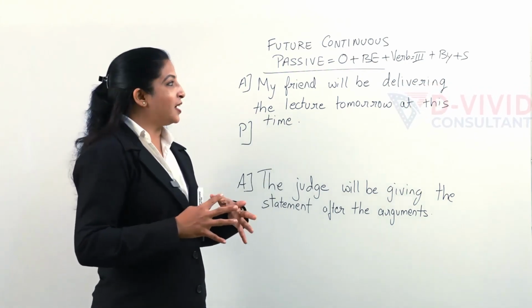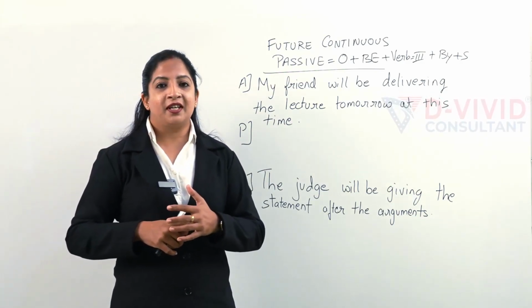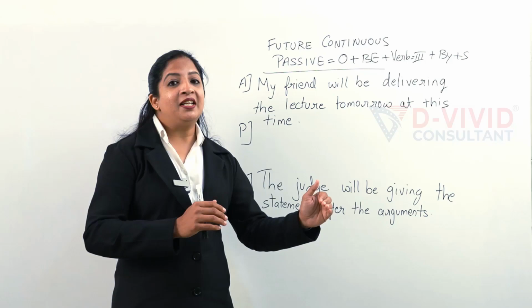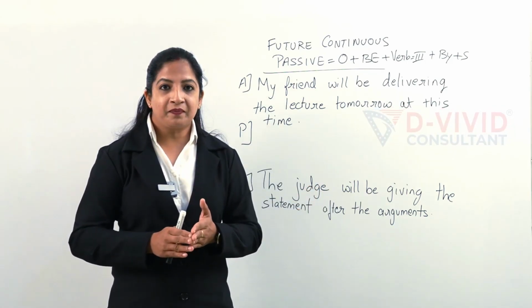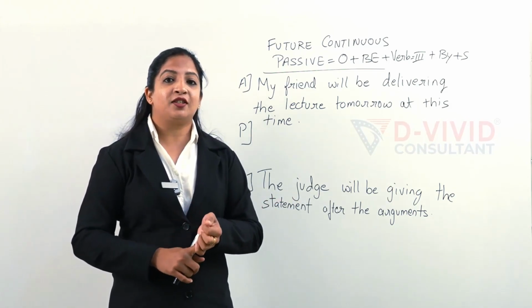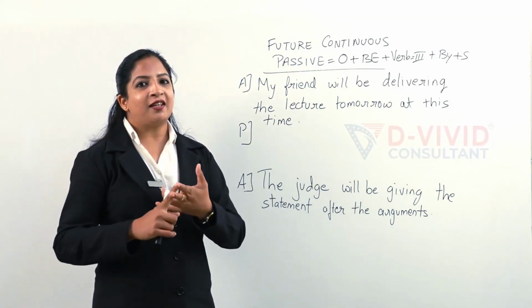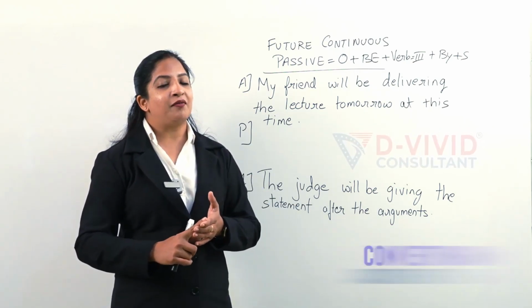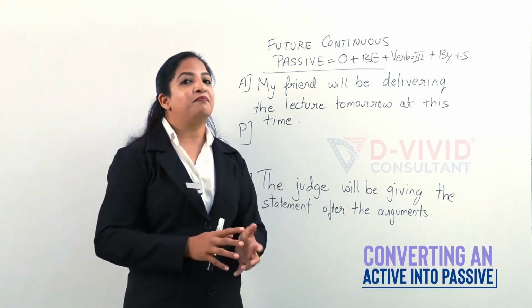First, what does the sentence have? Does the sentence have the object immediately relating to the verb? Second, what kind of tense does the sentence hold? So these are the two factors that you should always consider whenever you are converting an active into passive.